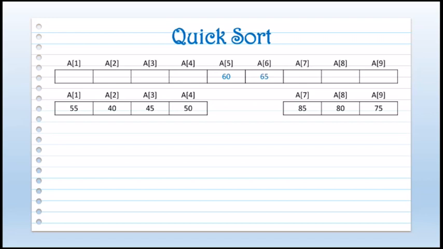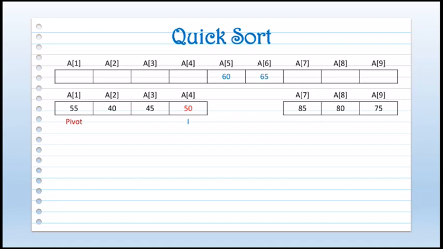So again we will apply the same process. The first element we will consider as pivot element and start comparing. So the first position will be compared with the pivot element. Is 40 greater than 55? No, the condition is false. Is 45 greater than 55? No, again the condition is false. Is 50 greater than the pivot element? Again the condition is false.